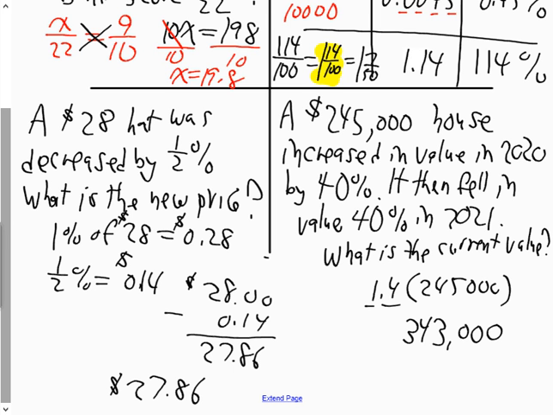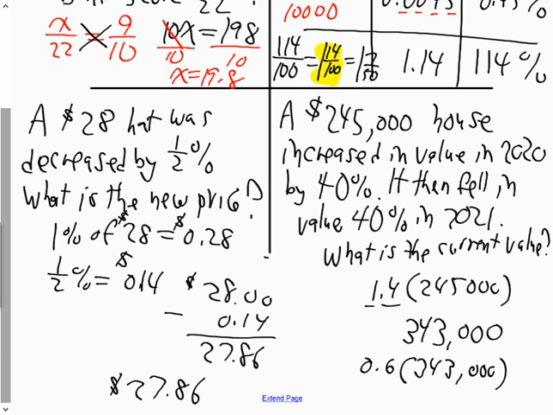After 2020, the house is now worth 343, but it's going to fall 40%. So if this is the $343,000 that the house is worth, and it falls by 40%, what percent of the house, percentage-wise, is it left at? It's left at 60%. Were you going to say that? 60% of the 343,000. So we're going to write that as the current value is 60% of the 343,000.